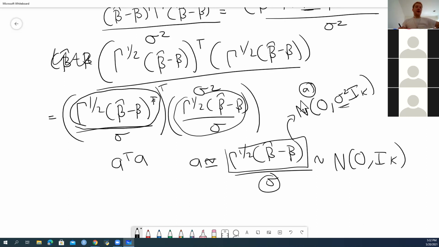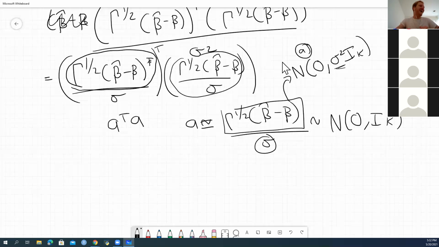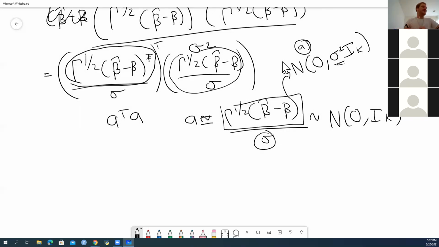So then since A is distributed as normal 0 I k, then A transpose A would be distributed as a chi-square distribution with k degrees of freedom.